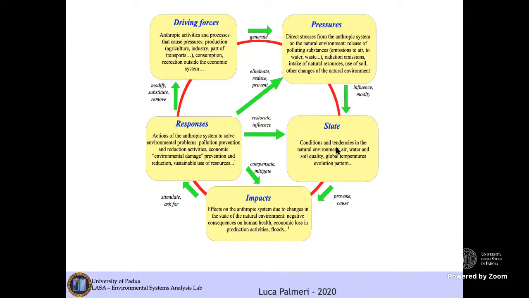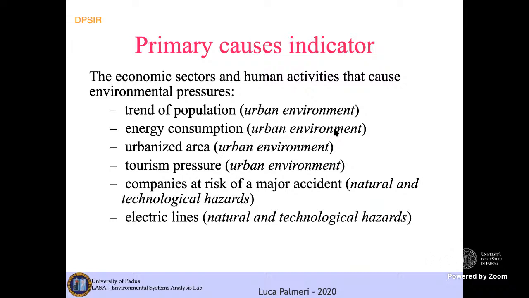This means changing the condition, the status of the ecosystem. Of course, this is very difficult because it can be done on a very limited and bounded ecosystem, it cannot be done on a large landscape ecosystem. Of course, we cannot figure out to change the state of a large ecosystem.